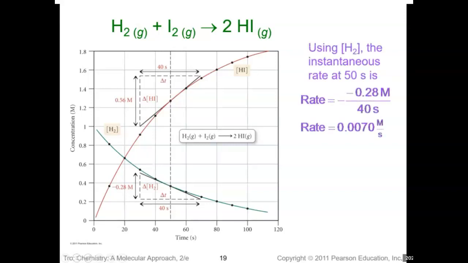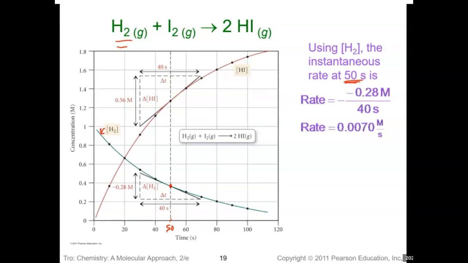If I want to know the rate at 50 seconds, I go up to H2, which should be the one that's decreasing because it's a reactant. Here is my H2, here is 50 seconds, and I want to know the rate at this point in time.